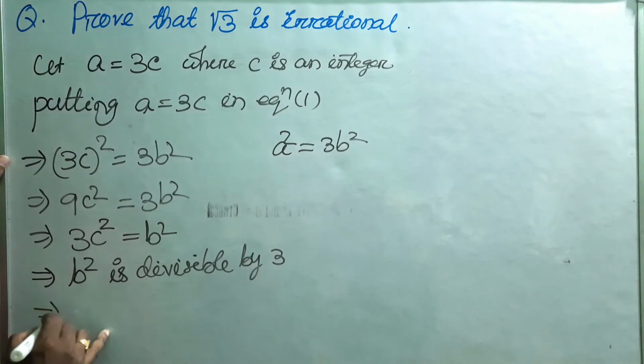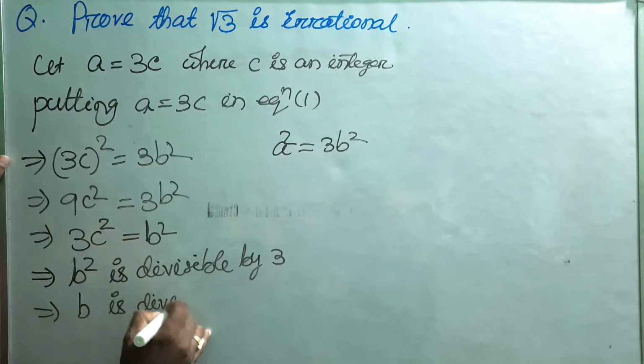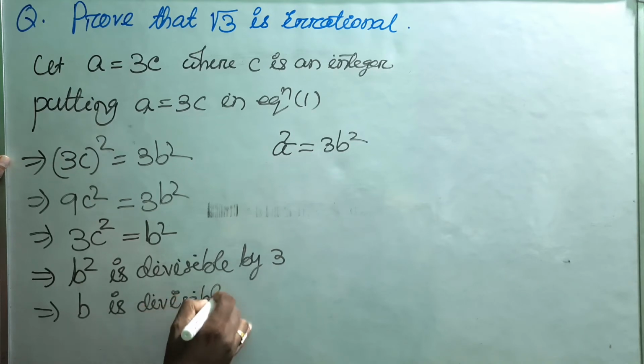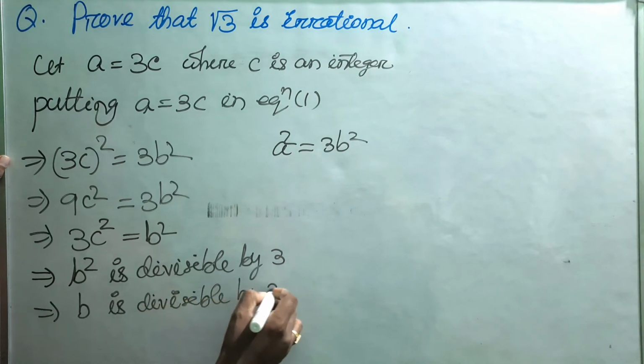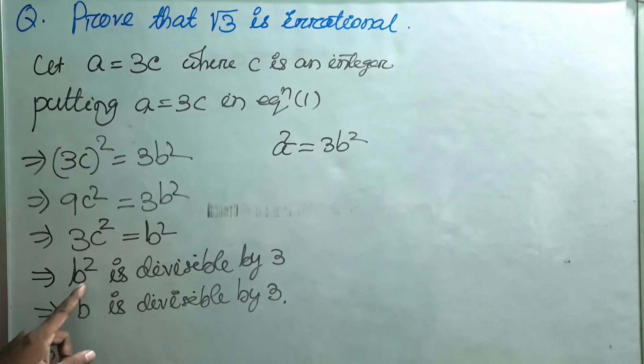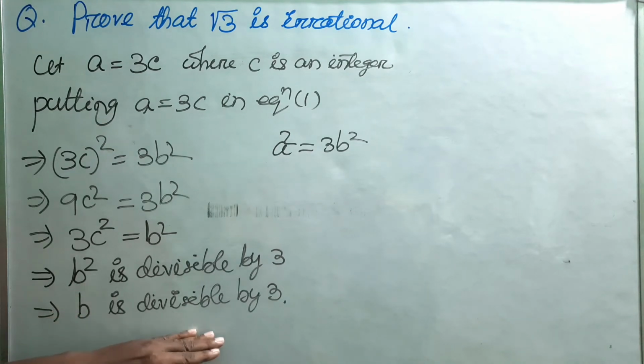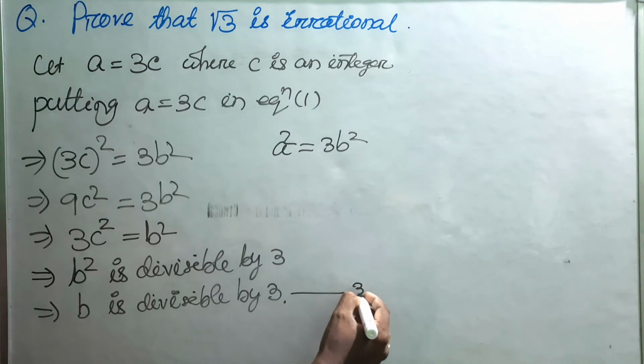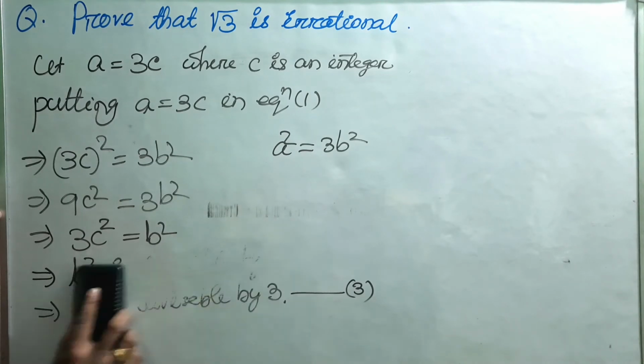Now this implies b is divisible by 3, just similar to a square, it has been written. Now call it equation 3. Now let me erase this one, then we will write the next step.